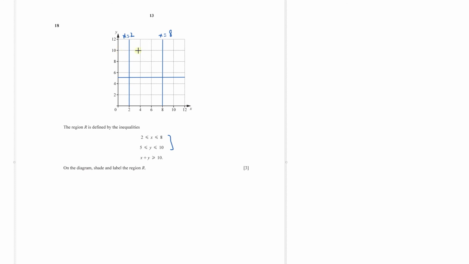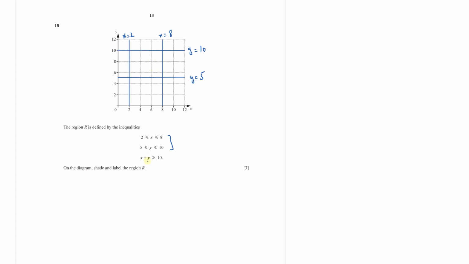Y equals 10 will be this horizontal line here. So y equals 10. Let me label these as well. So this is y equals 10 and this is y equals 5. So your region is between x equals 2 and x equals 8 and between 10 and 5, which is this whole rectangle here.